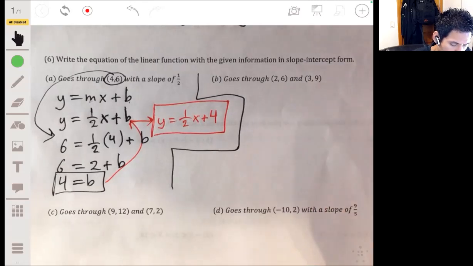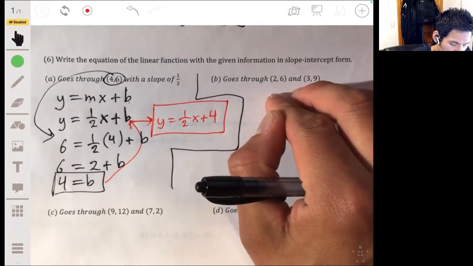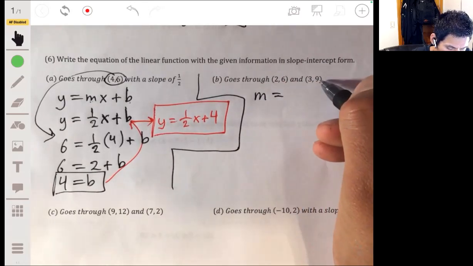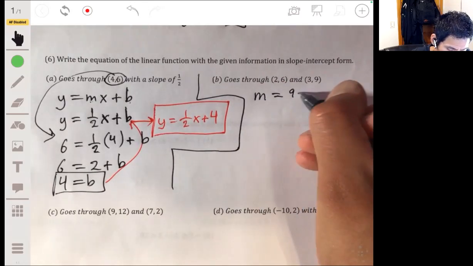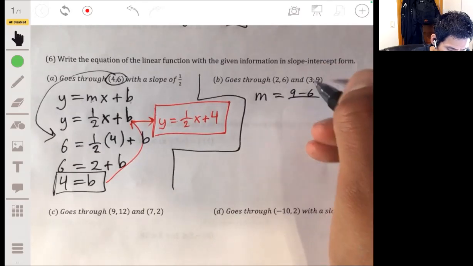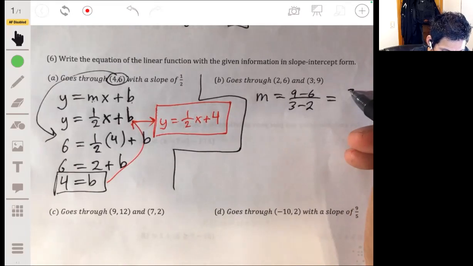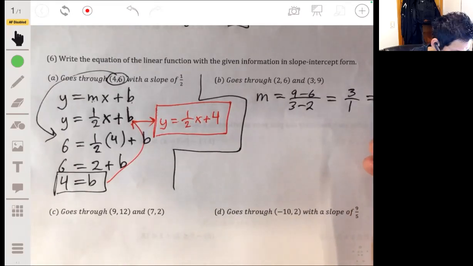But here I go. Now we're given only 2 points. So we need to first find the slope, which will go 9 minus 6, y2 minus y1 over x2 minus x1. So 3 over 1, or just 3.